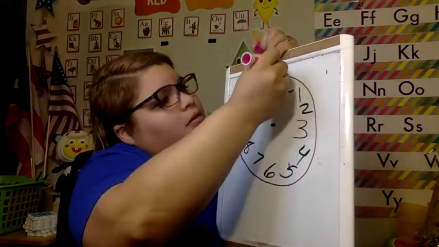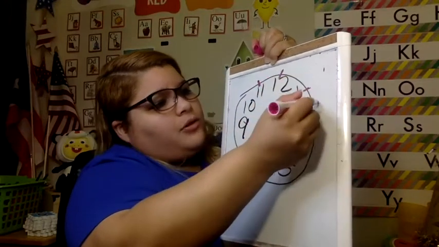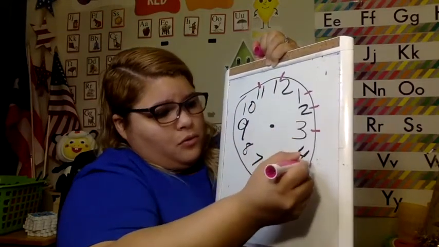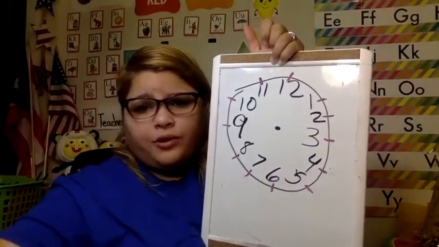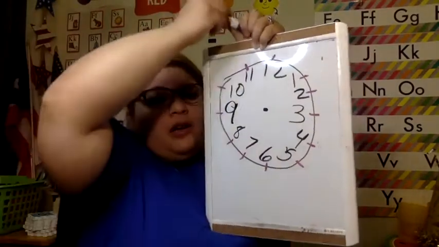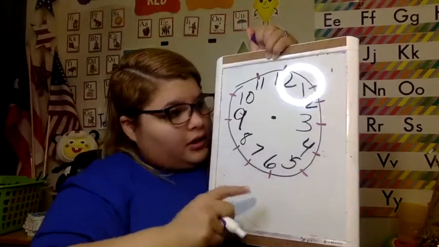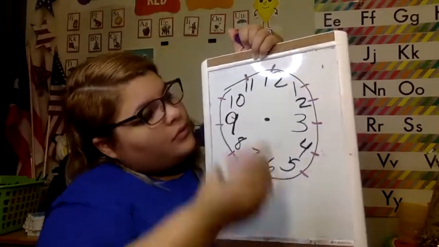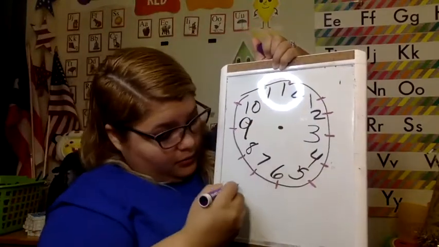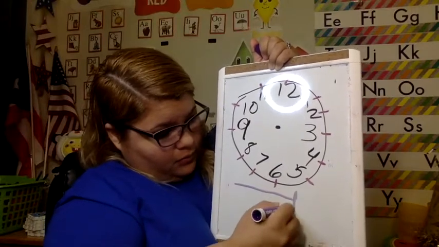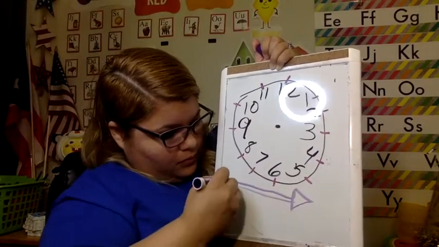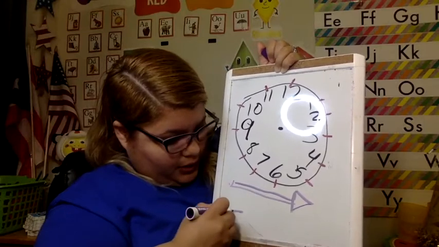Oops. This is where the numbers are placed. Very important. In an analog clock, we have a long hand, and a short hand.